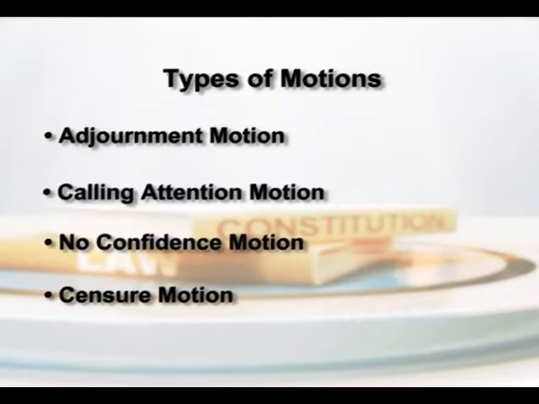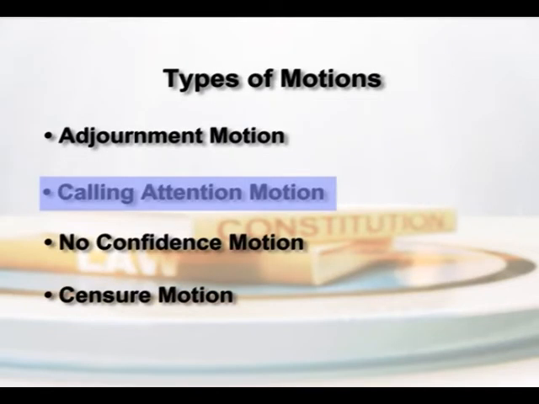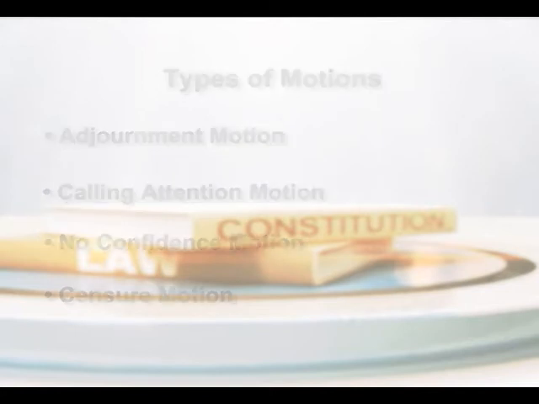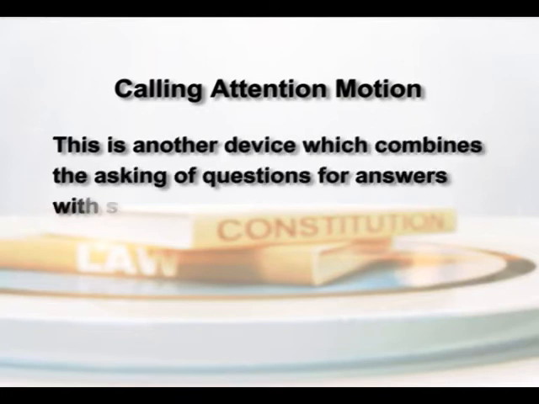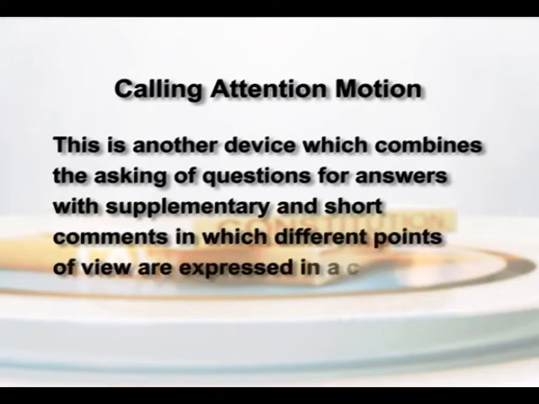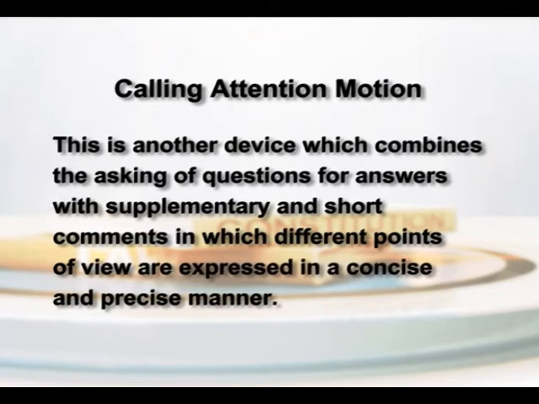Now, apart from the adjournment motion, the second one is the calling attention motion. The concept of calling attention is another device which combines the asking of questions for answer with supplementary and short comments in which different points of view are expressed in a concise and precise manner.